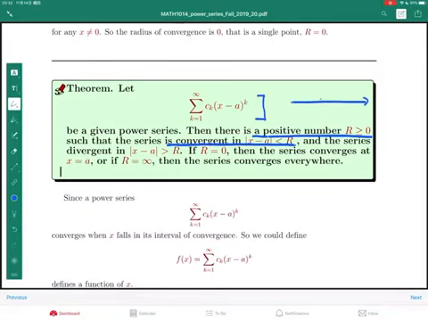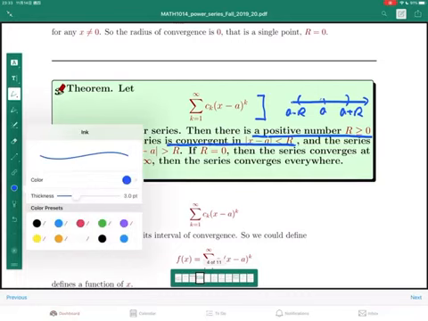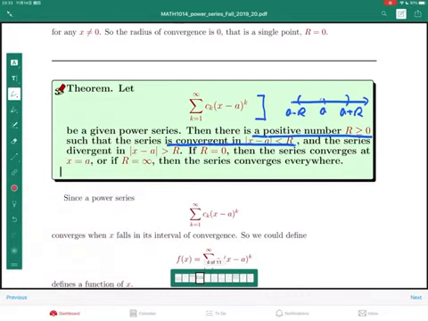Essentially, if this is the x-axis, and this is a, then you always have between a minus r and a plus r, and everything in between must converge. So that's why you have this interval of convergence. The radius of convergence is the length of that.